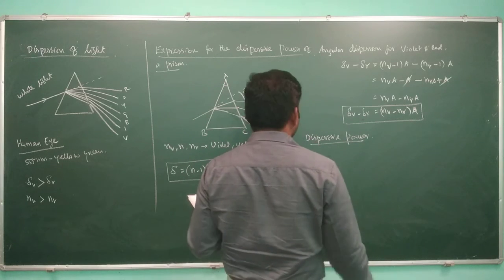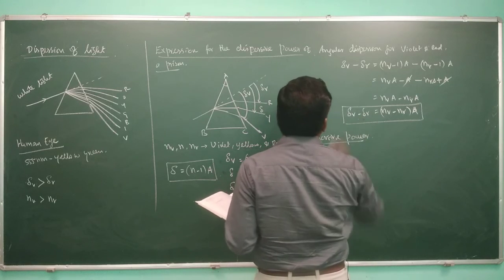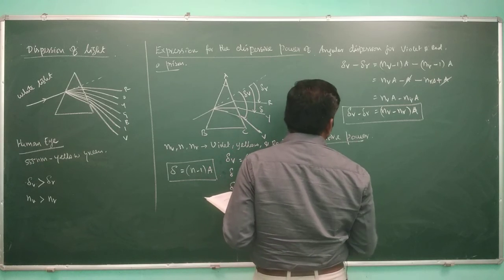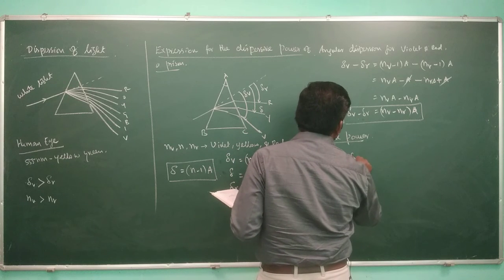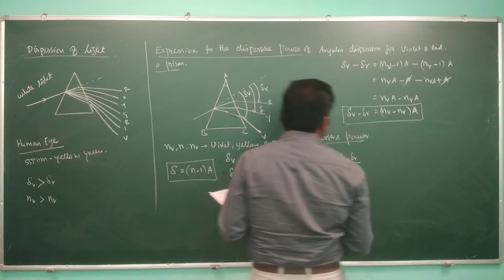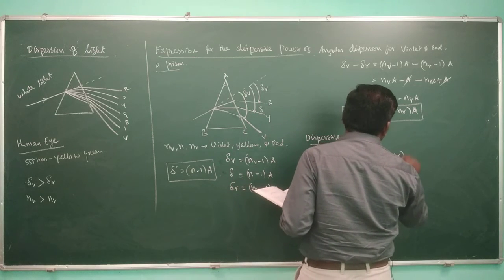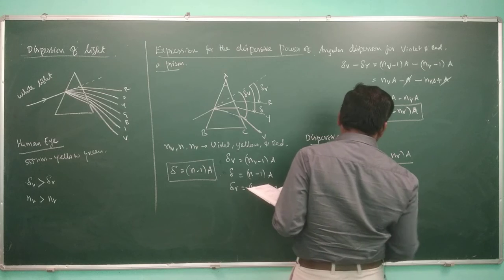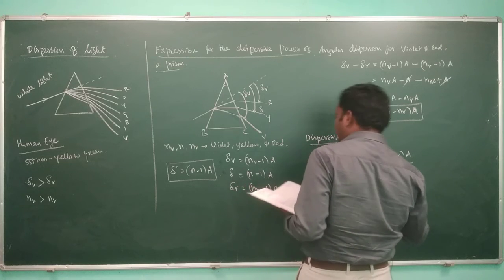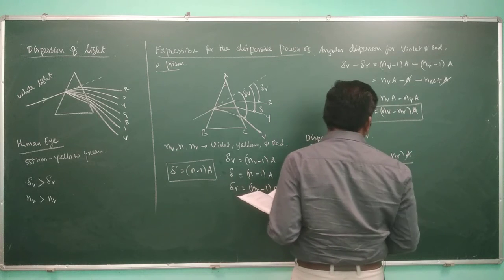That is, delta V minus delta R divided by the deviation of the mean ray, delta. Delta V minus delta R is NV minus NR multiplied by A, and for delta it is (N minus 1) into A, so A cancels out.